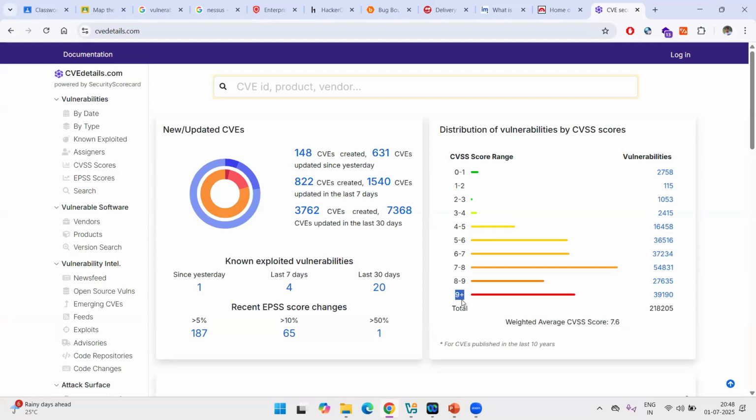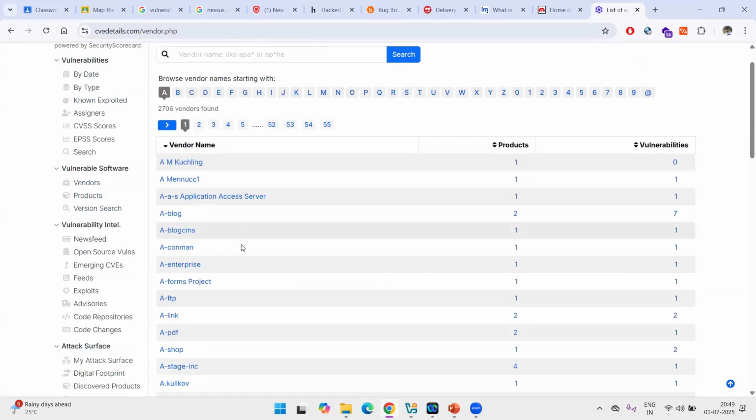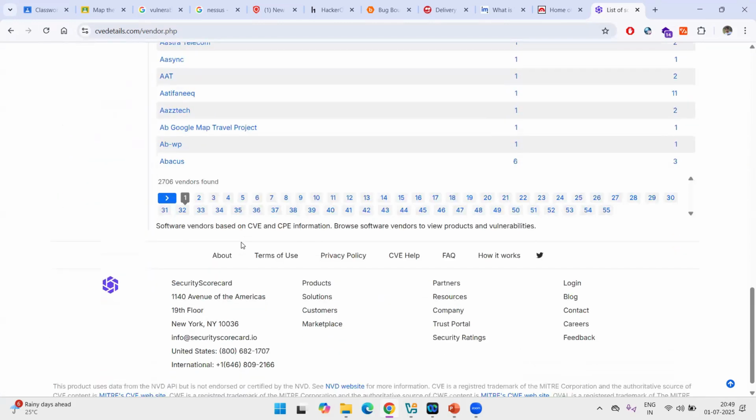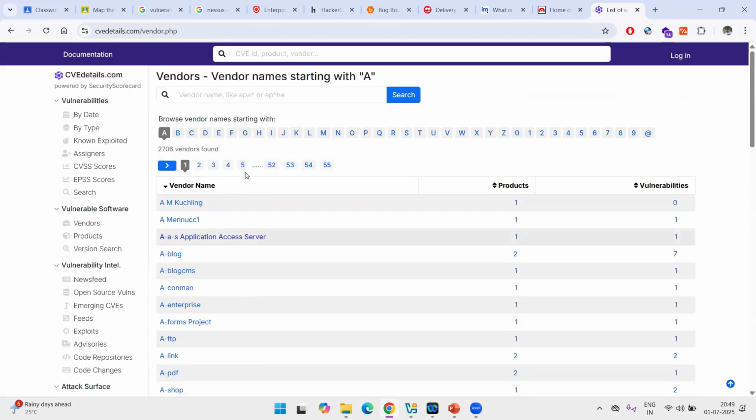Let's say you can also search by date. You can also see if an exploit is available for that vulnerability, as in our CVSS score, EPSS score, the Exploit Prediction Scoring System. You can also search with the vendor, product, version, and all of these things. Let's say I'm going with vendor. You have all the vendors over here.